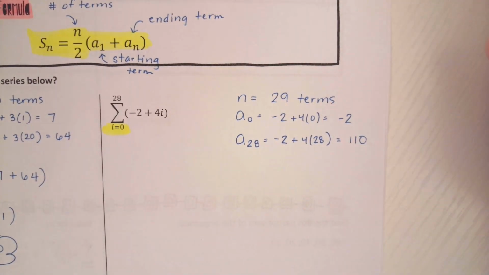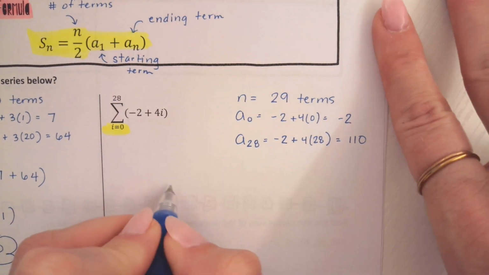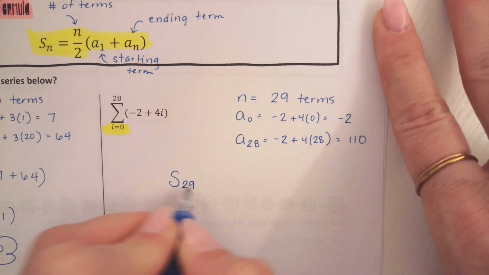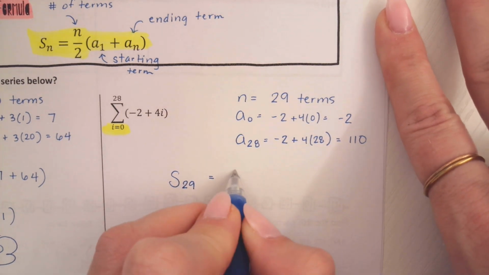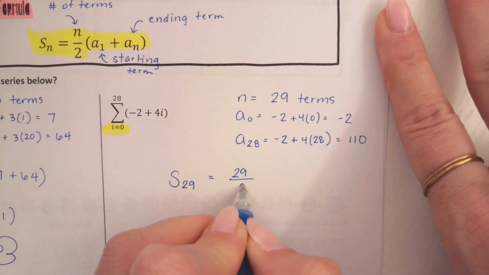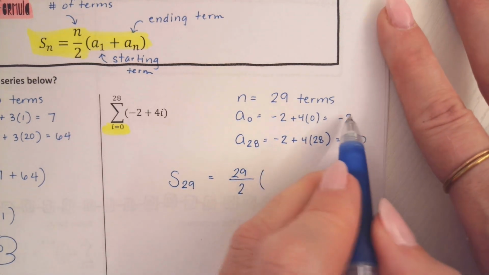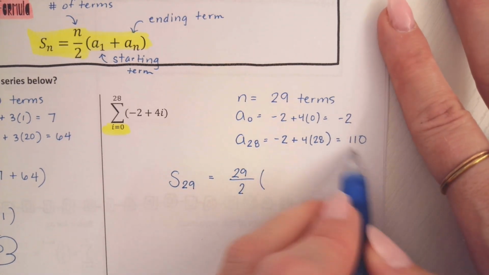So now we're going to go and find the 29th partial sum, because that would be the sum of 29 numbers. Sum of 29 numbers would be 29 terms divided by 2 times the 0th term through the 110.